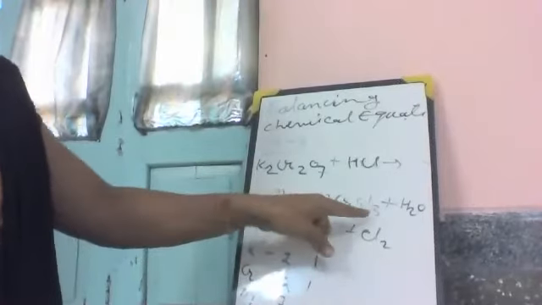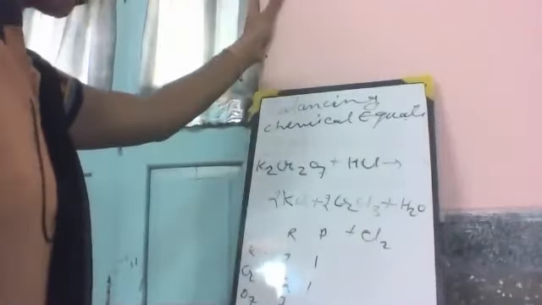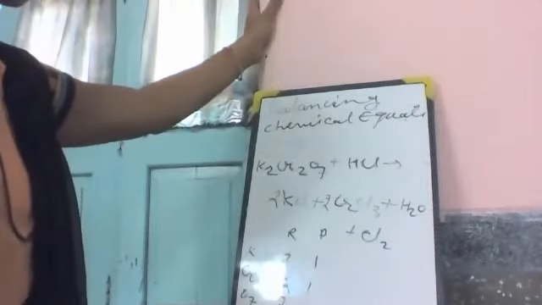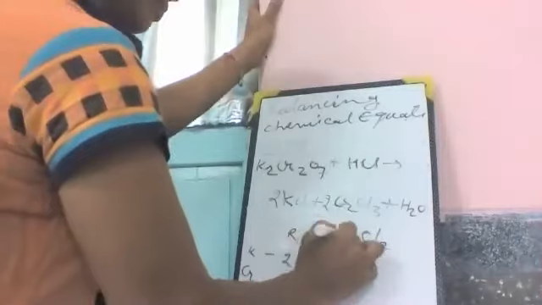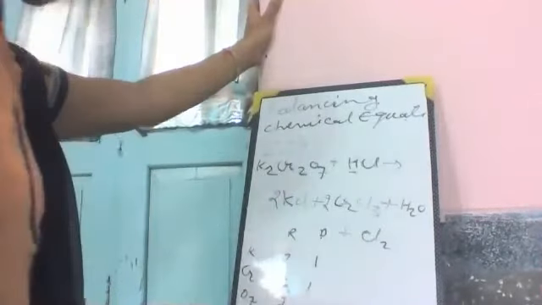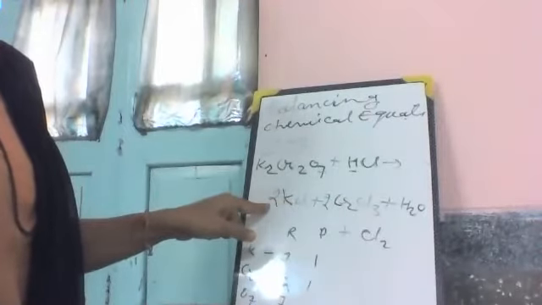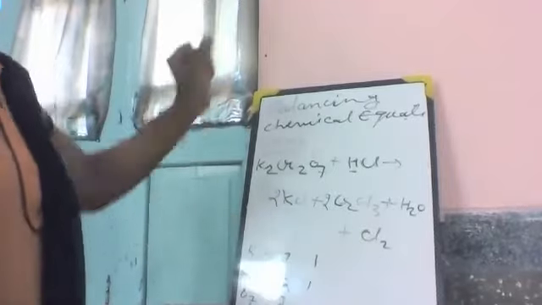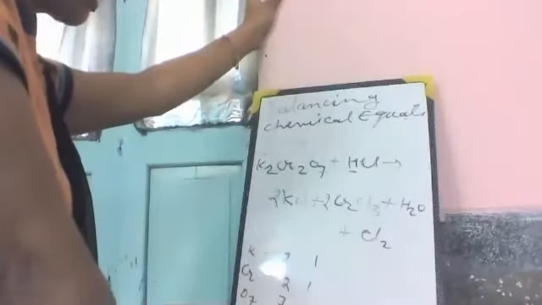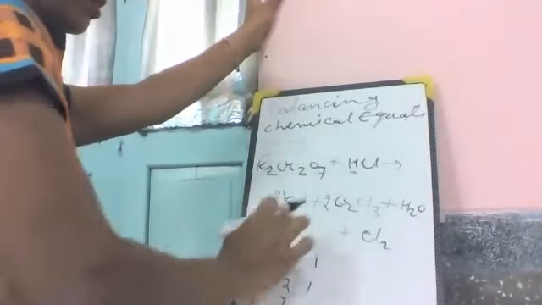But the number of chlorine here is 10, and here is 7 only, 3 times 2 is 6 plus 1 for KCl makes 7.